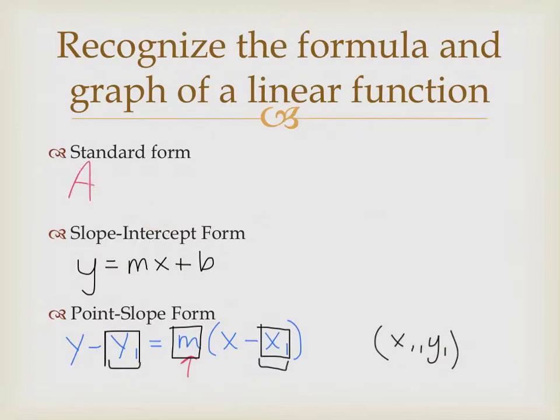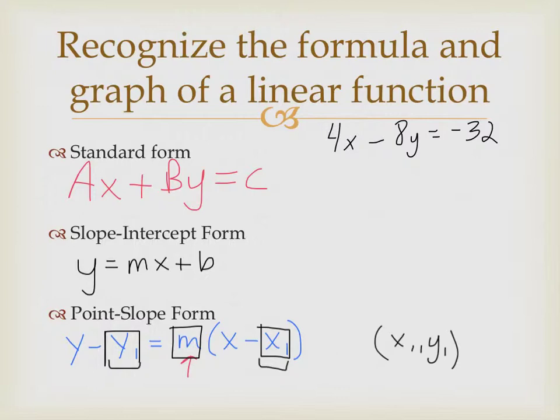In standard form, you could see some sort of equation like this: ax plus by equals c. If you want, you can find the x and the y-intercepts of this equation. Let's actually do an example. Let's say I had 4x minus 8y equals negative 32. That's in standard form.